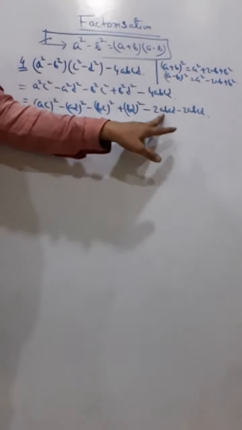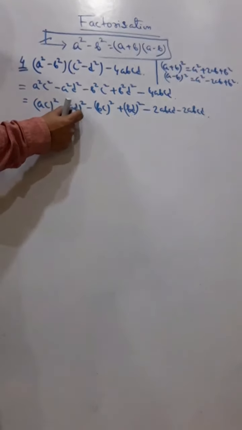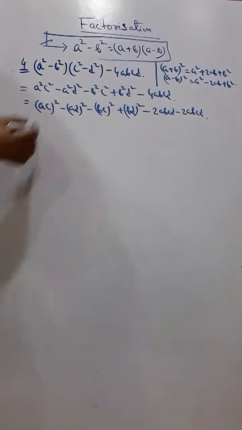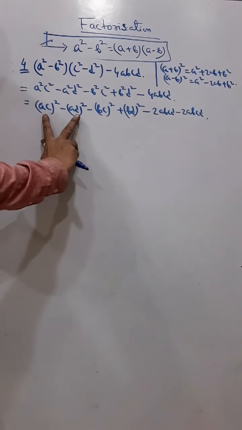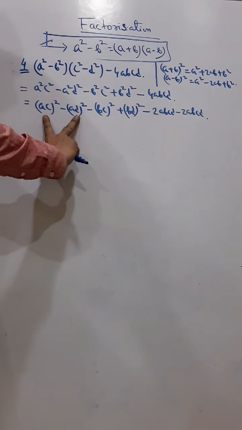Okay, just watch. So this is the 2ab part, because here one term is ac and one term is ad. Now you see in the formula, you always have a square plus b square, only the difference is plus 2ab and minus 2ab. So these two cannot remain in one part.